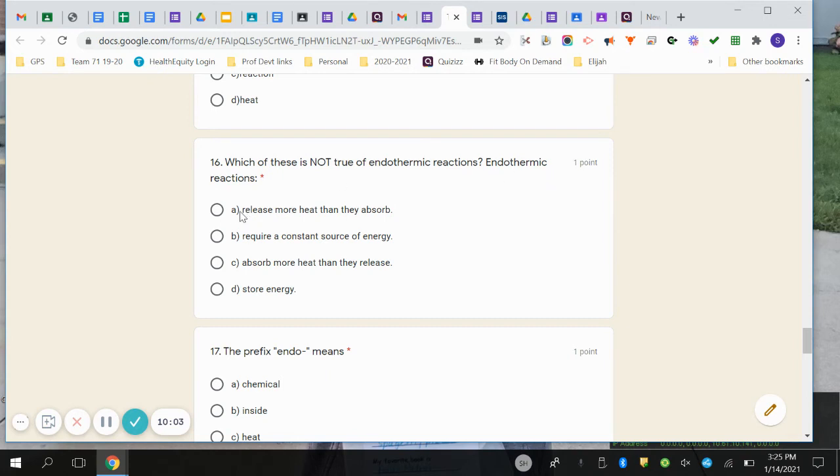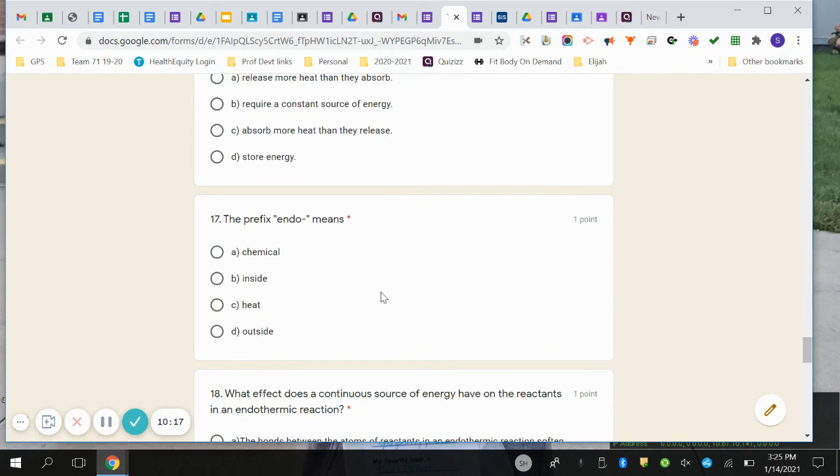It releases more heat than they absorb. It requires a constant source of energy. It absorbs more heat than they release. Or D, stores energy. Number 17. The prefix endo means chemical, inside, heat, or outside.